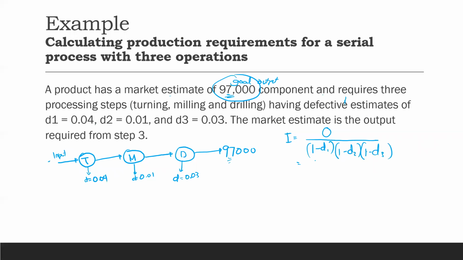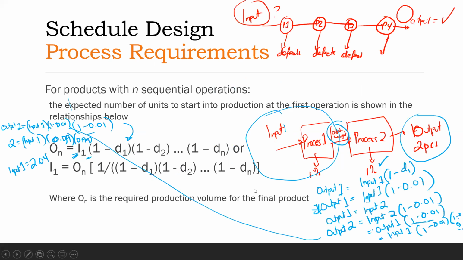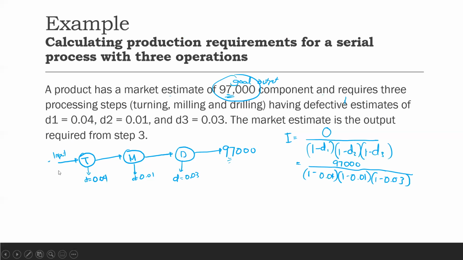Okay, solve natin. Ano ang output? We have 97,000, 1 minus 0.04, 1 minus 0.01, 1 minus 0.03. Double check natin if we're doing it correctly. So ito po yan. Okay, ito po yung ating tinitingnan. So, ano po ang ating input?